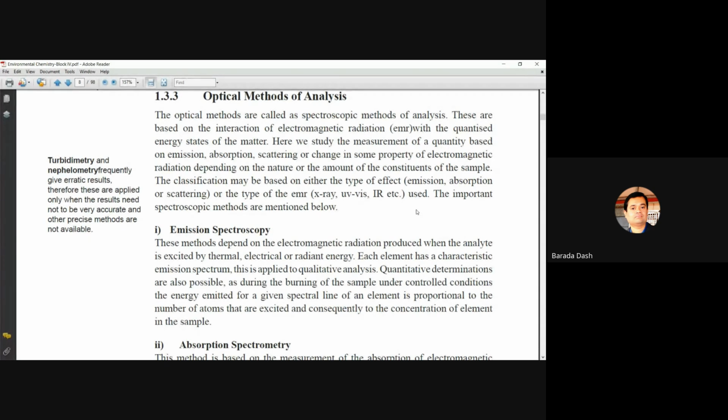If you are taking X-ray, it is X-ray spectroscopy. If you are taking UV visible radiation, then it is UV visible. If you are using IR as electromagnetic radiation, it is called IR spectroscopy. The important spectroscopic methods are mentioned below.